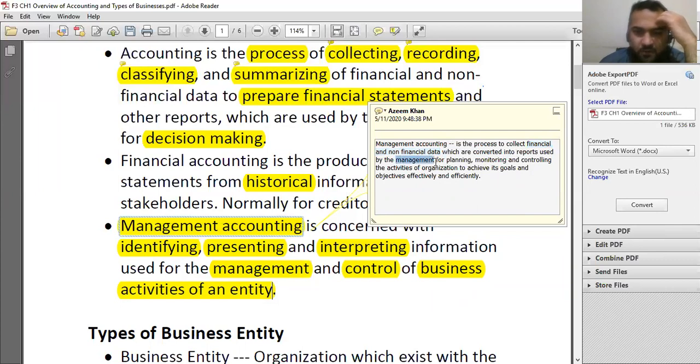Another difference between financial accounting and management accounting: financial accounting is for general purpose. Any stakeholder, any user can use the financial accounting reports, while the management accounting report will only be available to the management of the organization.